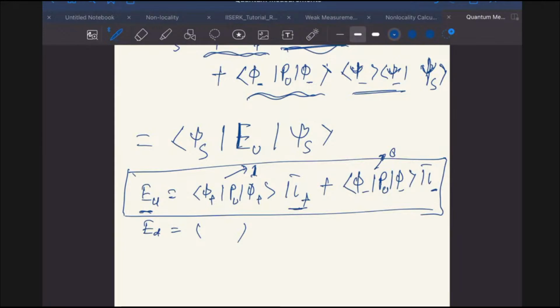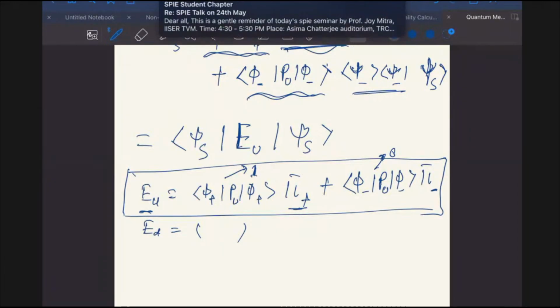That means this unsharpness in the measurement is coming from the fact that, according to von Neumann, this detection pointer is a quantum device. So if I associate a quantum wave function with that, and another wave function to the position degree of freedom of the state, then these do not have a one-to-one correspondence.